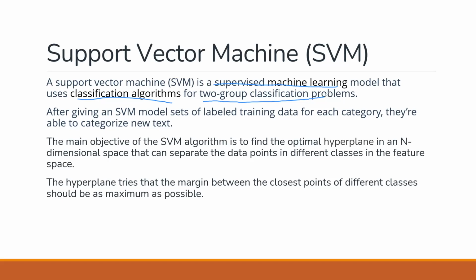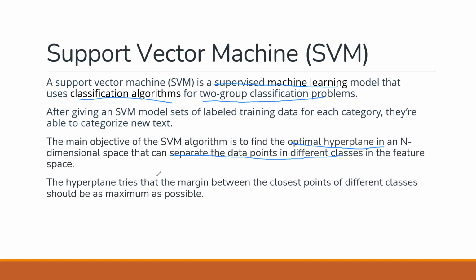How does the support vector machine actually work? It draws a hyperplane in an n-dimensional space that can separate the data points into different classes. The main goal of a support vector machine is to classify or separate the data points by drawing a hyperplane. How this hyperplane is drawn, we'll study in the next slide.